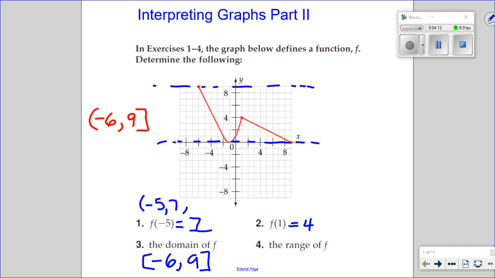So again, we can represent the range using interval notation, and you might notice that our y values start at 0 and stop at 9. And again, I'm using a bracket because of the closed circles at the end of the graph. But if there had been an open circle, I would have used parentheses. And anytime you have an arrow at the end of the graph, then you would want to use positive or negative infinity in your interval.